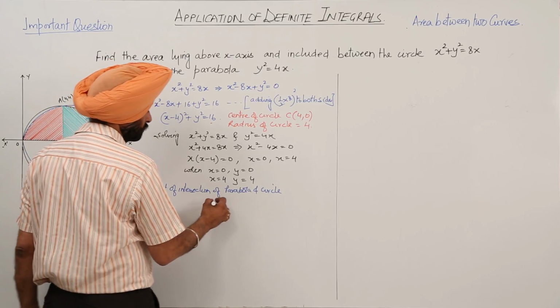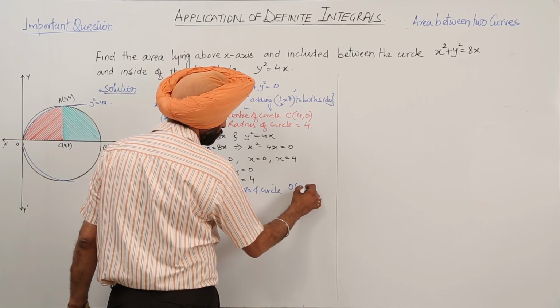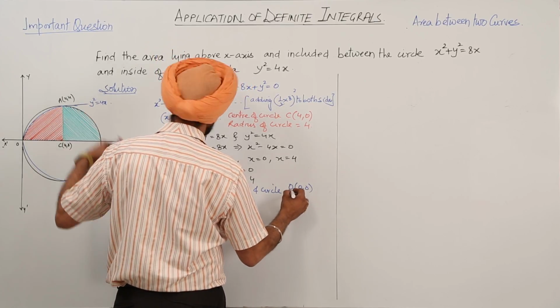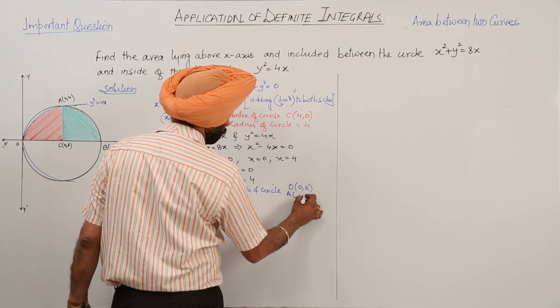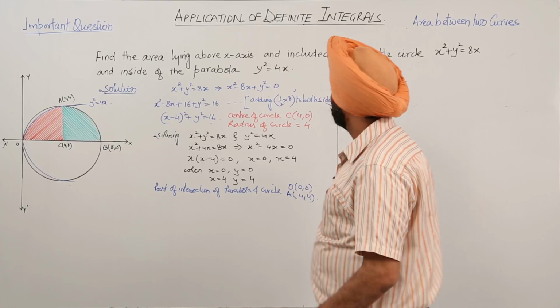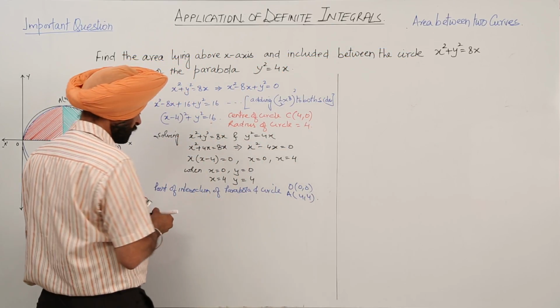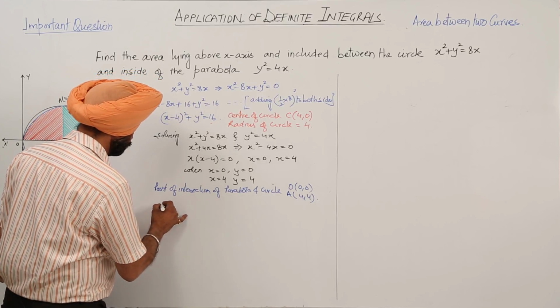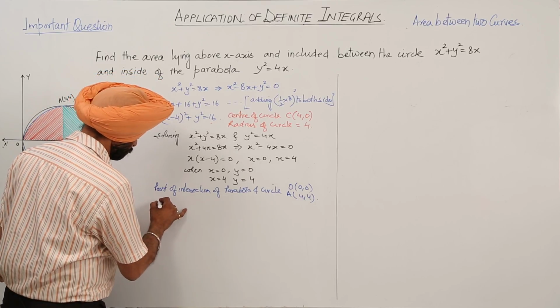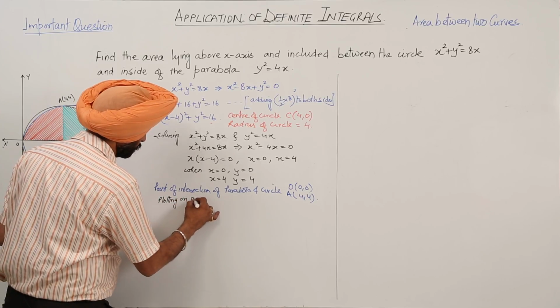At the origin O and at A (4, 4). Now one more thing is left, that is to plot the points. Now plotting on the graph.